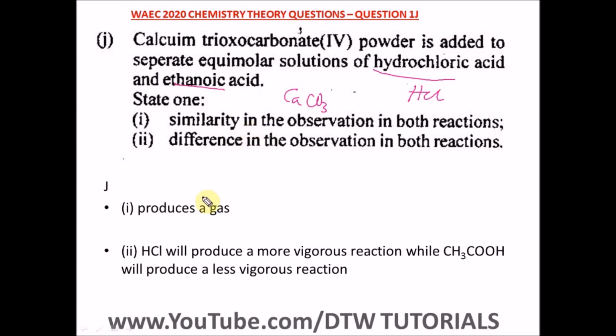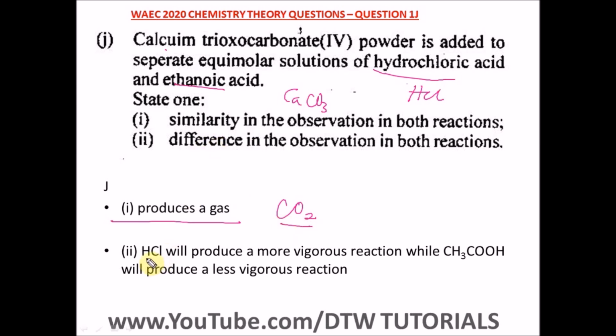What's the similarity? Number one, they both produce a gas, and that is carbon dioxide. When you react calcium trioxocarbonate(IV) with hydrochloric acid, or with ethanoic acid, they both produce a gas. The gas is carbon dioxide.